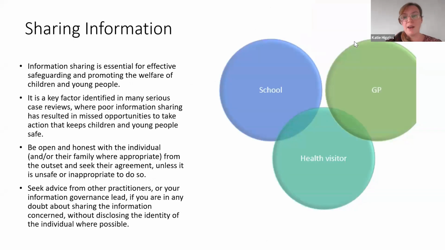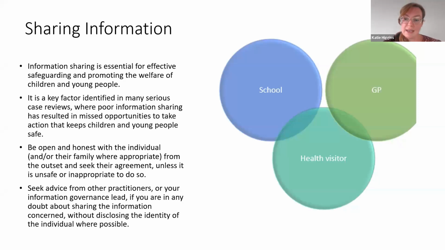Now, we do have a responsibility when it comes to safeguarding to share information. Information sharing is effective for safeguarding and promoting the welfare of children and young people. It's a key factor identified in serious case reviews where poor information sharing has resulted in missed opportunities to take action that keeps children and young people safe.